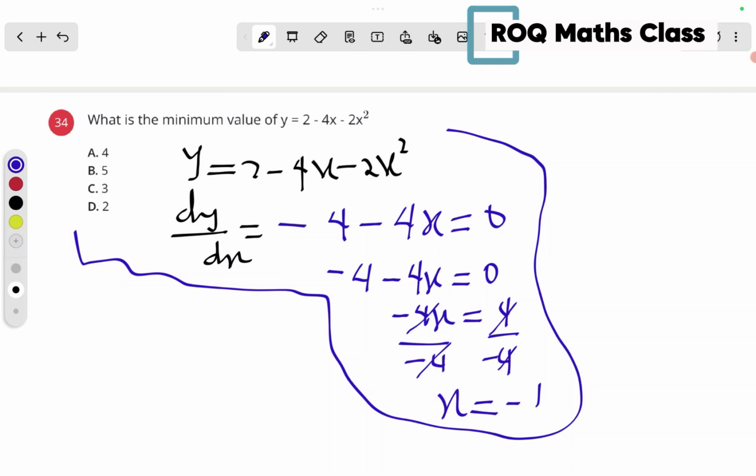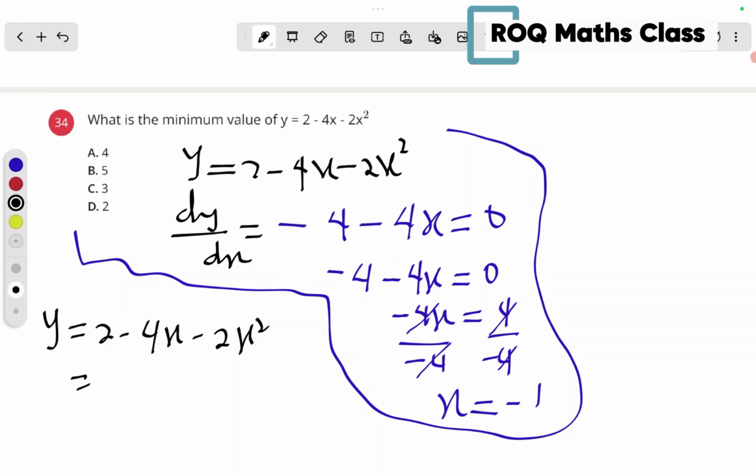So that's the value of x now. This value of x, we have to substitute into this given equation. What's the given equation? We have y equals 2 minus 4x minus 2x squared.